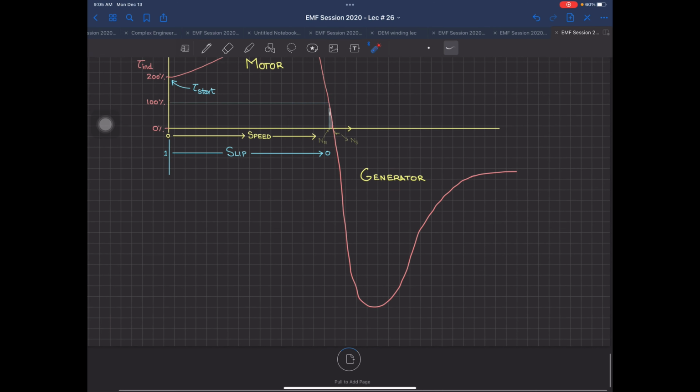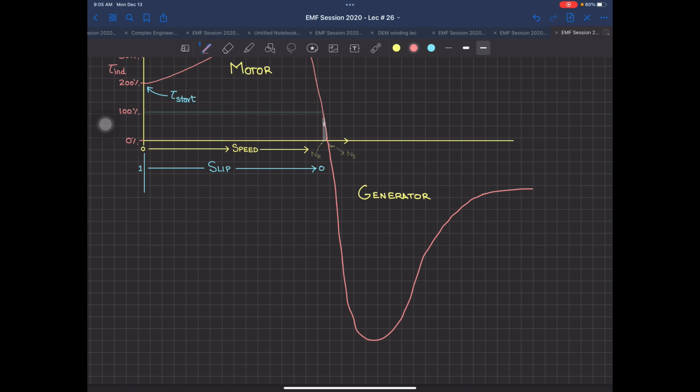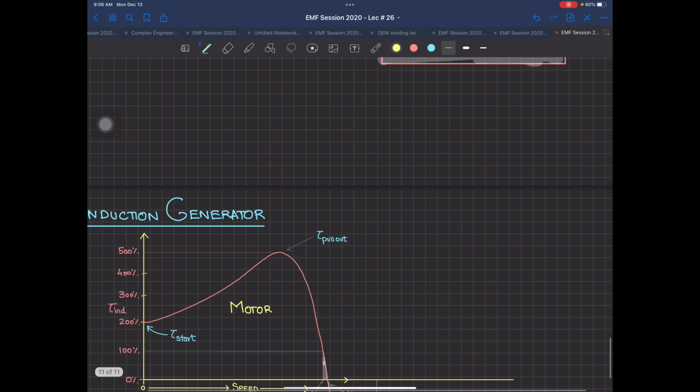And for those who still miss that generator part, when we talked about this, the point of maximum, when you have reached this point over here, is called the push over point, just like you called the point over here pull out.